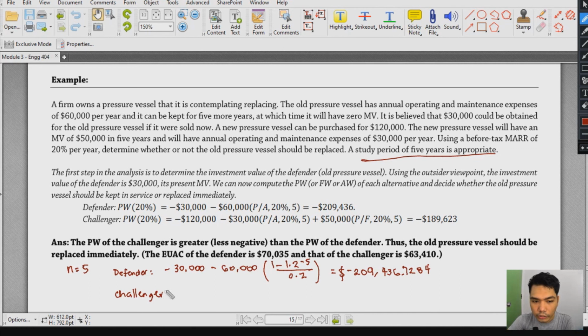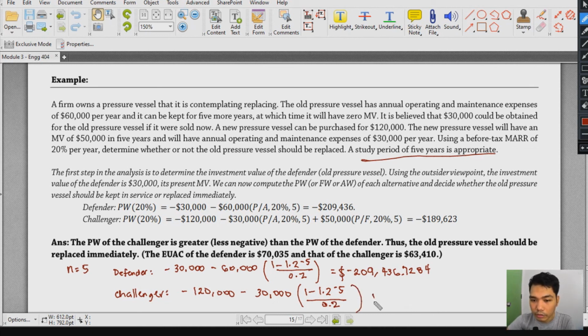Okay, and then we can compute for the Challenger. For this Challenger, we consider our own viewpoint. Let's start with this. It can be purchased now for 120,000. So technically, it's negative 120,000. And then it has a 30,000 annual maintenance cost. So that's 30,000 times our uniform series factor, 1 minus 1.2 raised to negative 5 over 0.2. And then, we said it has a salvage value in 5 years.